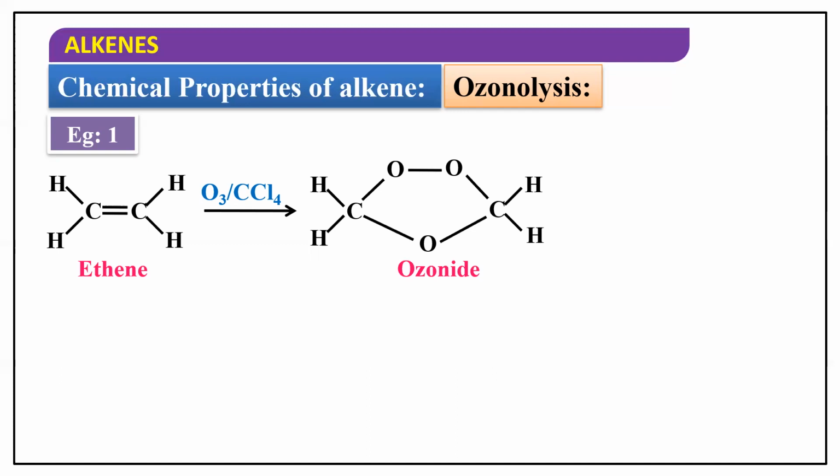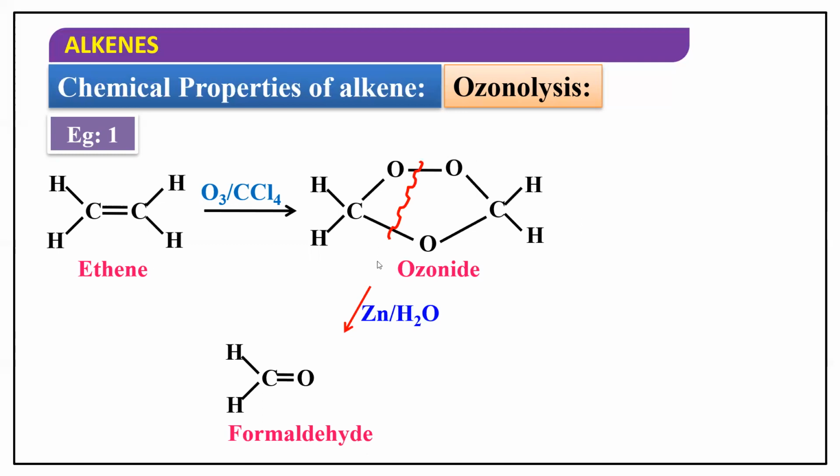And then what did we understand? From the ozonide, in the presence of zinc and water, there is cleavage, there is lysis. This is the first breakage, what is indicated in red. When this break happens, whatever is the small portion on the left-hand side of that break, HCHO, formaldehyde, is formed.